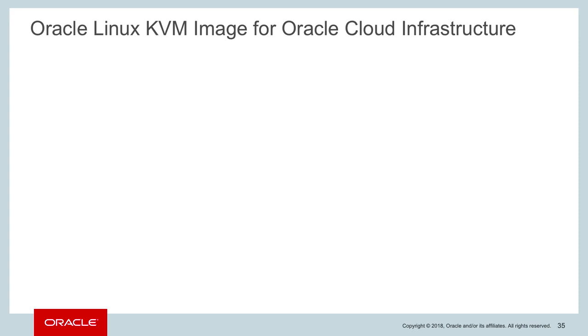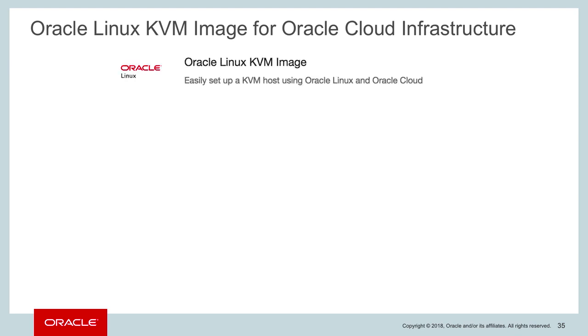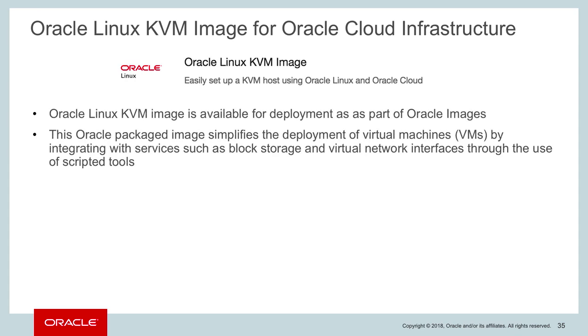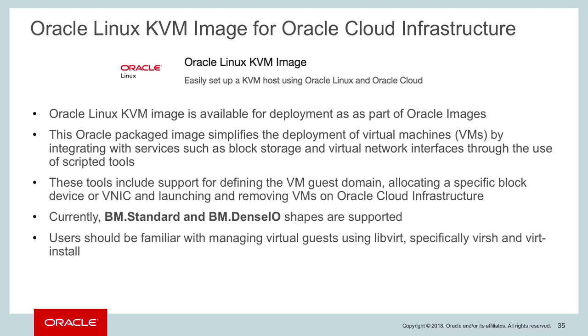So you can use a pre-built image that we offer to spin up and launch that instance with KVM already installed. This image is part of the Oracle Partner Catalog, and provides a set of tools that can interact with your host and the hypervisor, and can actually help you to create virtual machine guests. So there's a set of tools that come with that image, right?